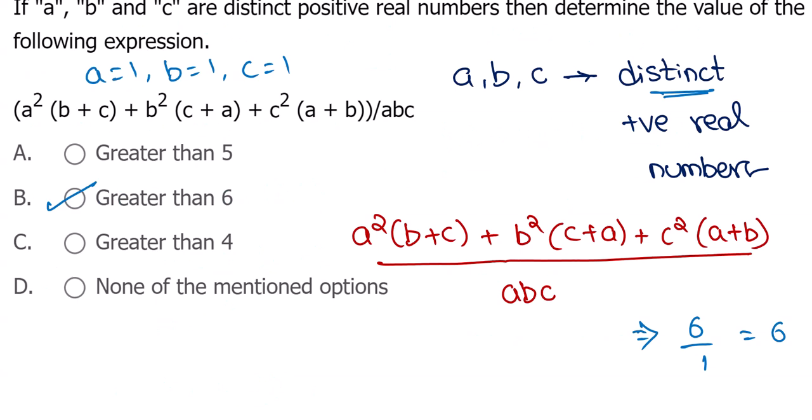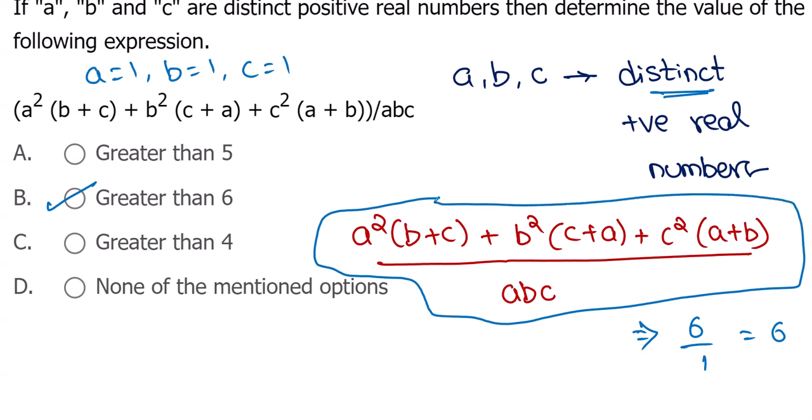So we are doing trial and error, then we got it. Whatever positive real numbers we substitute in this equation, we're always getting a value greater than 6.